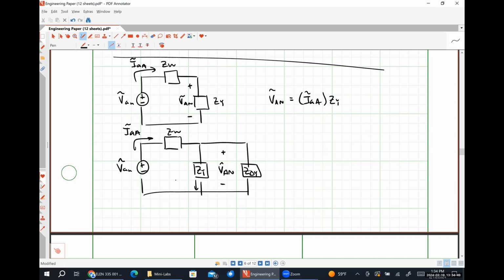And I used this current. The reason why I used this current and not this current is because the line current splits up. Earlier, it didn't have any other paths, so the line current and the phase current were equal. Now they're not, so I used the correct one based on the circuit I had in front of me.